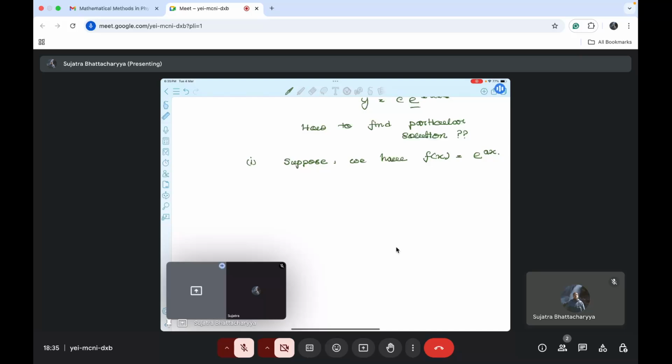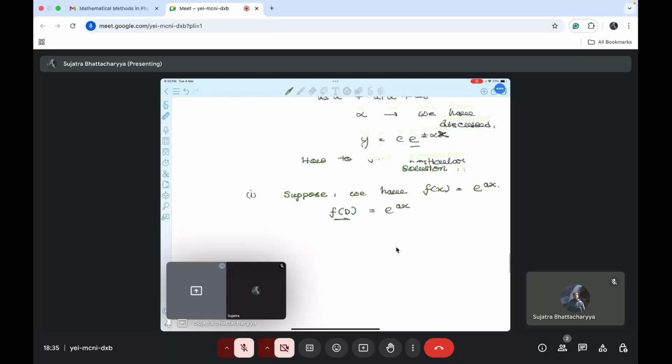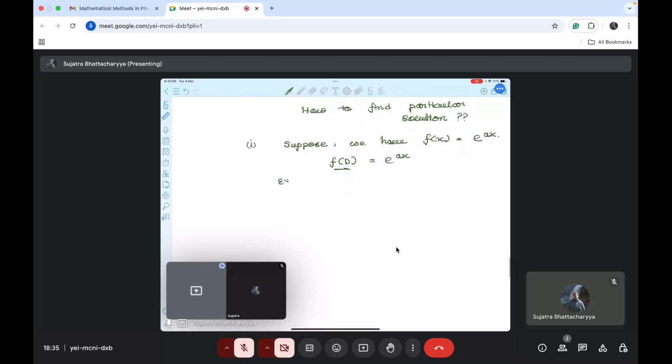All right. If you have f of x is equal to e to the power ax, so what you can write is that f of D is equal to e to the power ax. What is this f of D? Let us take an example. Let us say that you have d2y by dx2 plus c1 dy by dx plus c2 y is equal to e to the power ax.